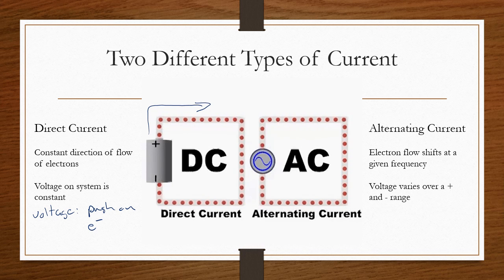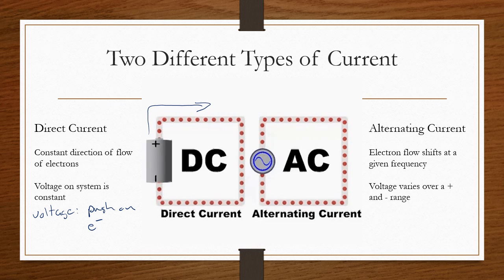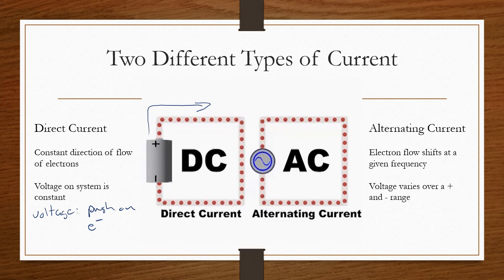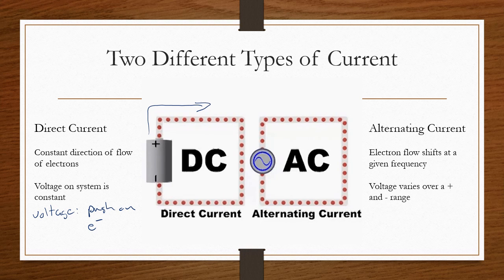Well, that's the same thing in a circuit with current, is that we have this push because we are applying what's called a voltage across the system. So from one point to another, there's a difference in charge. That's going to make electrons move. Okay, so a battery gives a set constant voltage to the system. So electrons are going to move at a constant rate.